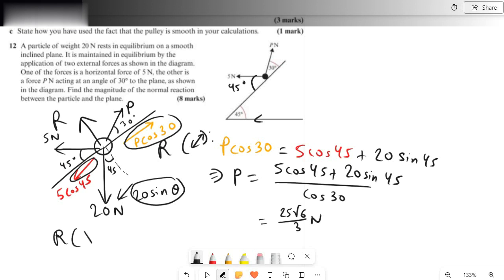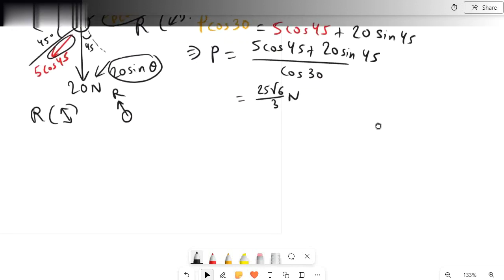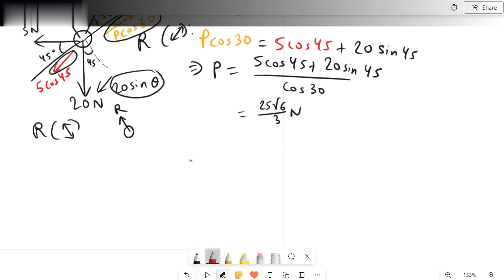And resolving perpendicular to the plane, we can say that here this is going to be R, and we also have 5 newtons acting here with an angle of 45. So this component should be 5 sine 45. And similarly in this side we also have P here with an angle of 30. So this component, the vertical component of P should be P sine 30.